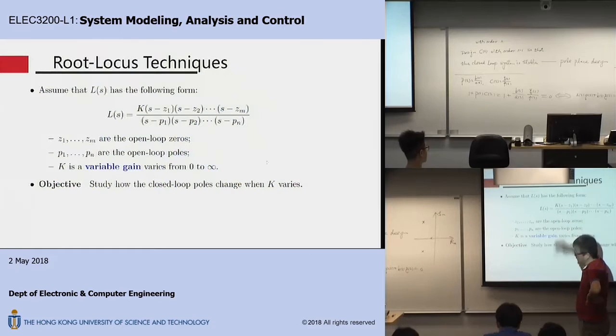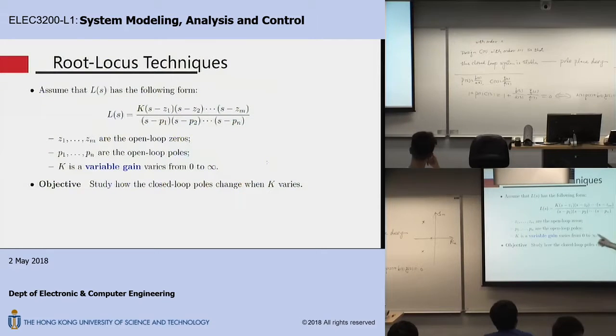And K is a gain. So when I say this one particular varying parameter, I really mean this. I always assume this varying parameter is K, the gain of the open loop transfer function. All the poles and zeros, I assume they are fixed.